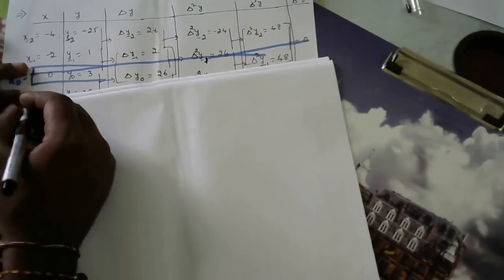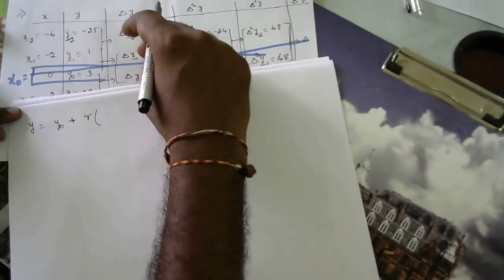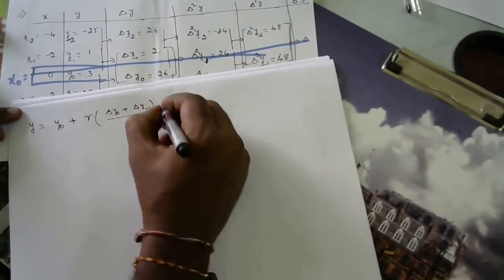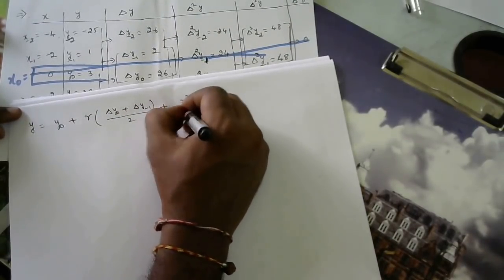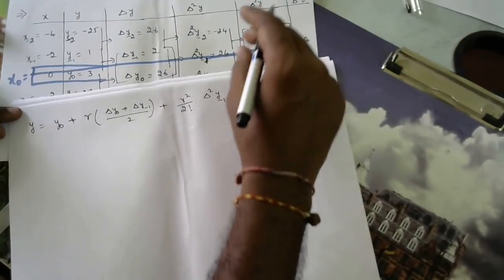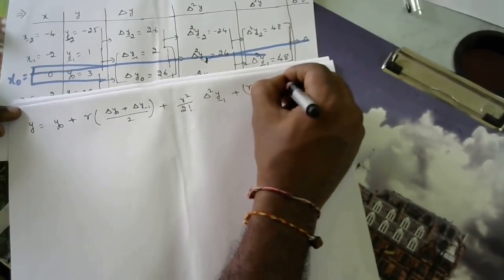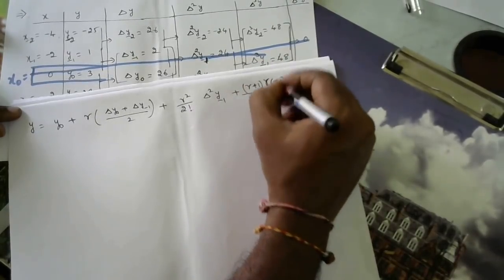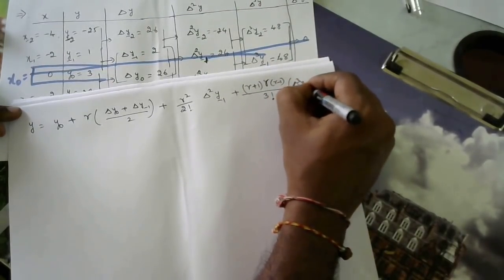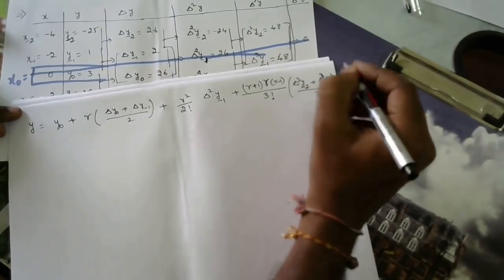So y equals y naught plus r into the average of these two, delta y naught plus delta y suffix minus 1, whole divided by 2, plus r square divided by 2 factorial into delta square y suffix minus 1, plus r into r plus 1 into r minus 1 whole divided by 3 factorial into the average of these two, delta cube y suffix minus 2 plus delta cube y suffix minus 1, whole divided by 2.